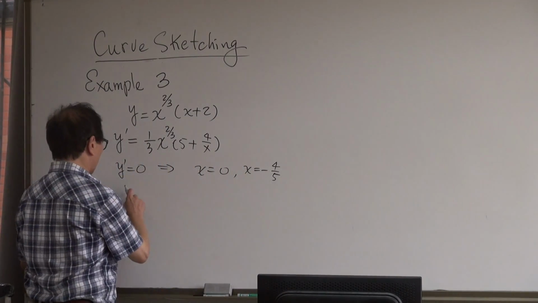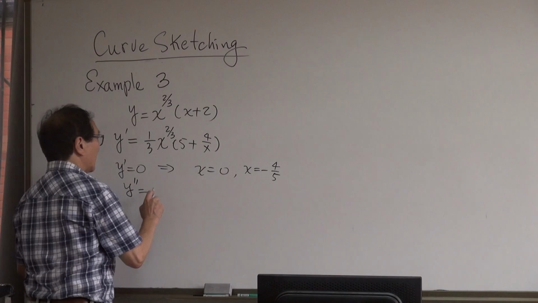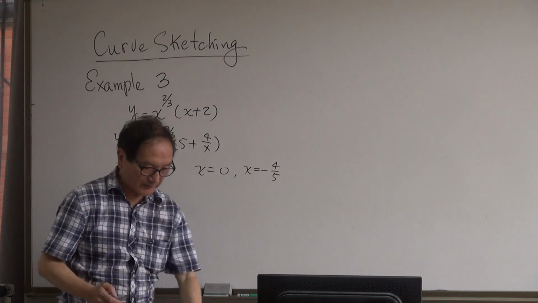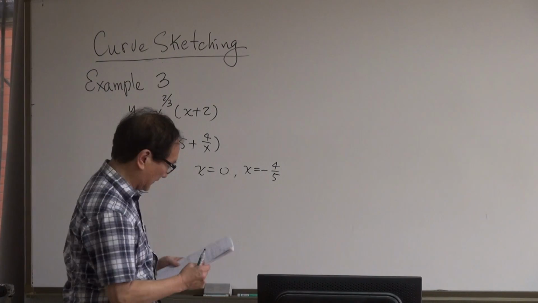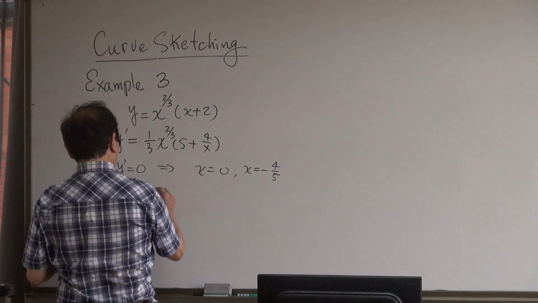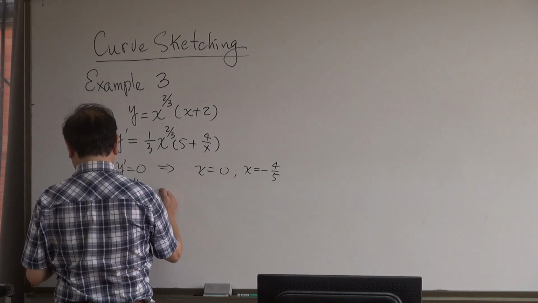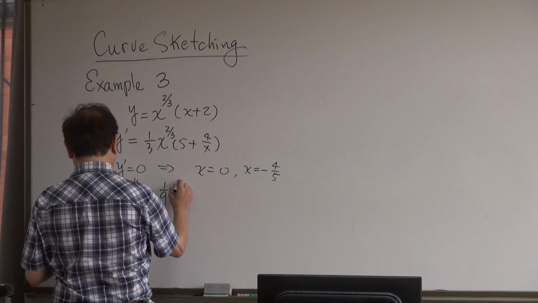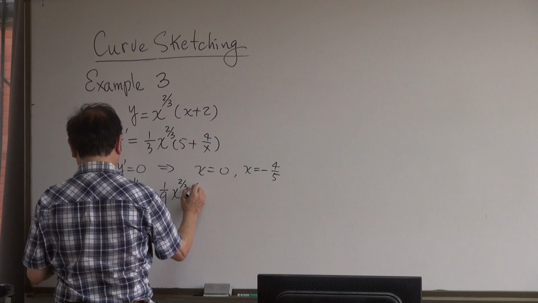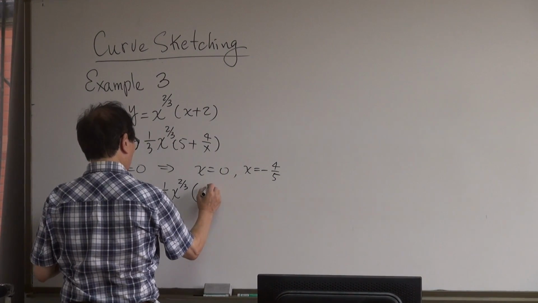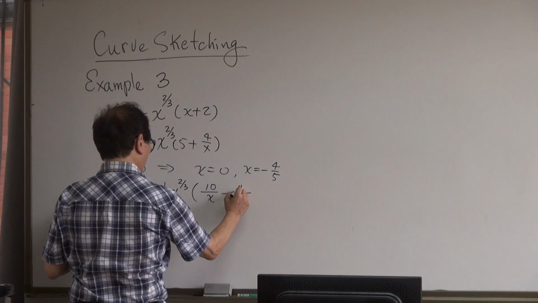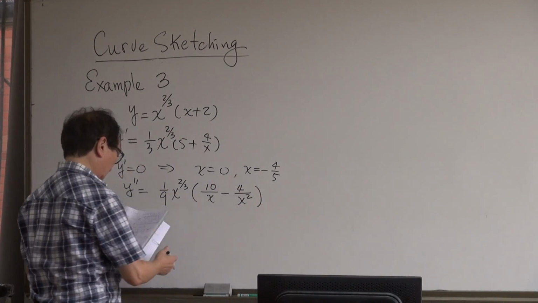Okay, then the second derivative. The second derivative is the derivative of this function. And to save your time, let me summarize by writing this out, which is equal to 1/9 x to the power of -4/3 times (10x minus 4) over x squared.